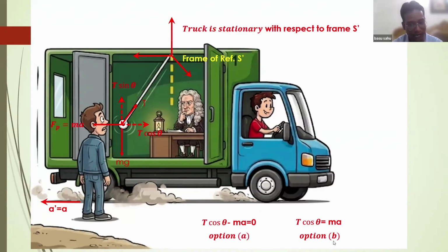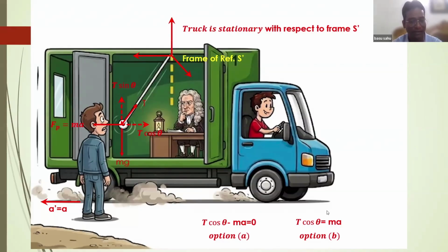Option B is not correct. What is option B saying? Option B is representing things in terms of the ground observer. What will the ground observer observe? Only the T cos theta component, and accordingly the ground observer will say, yes, this force is equal to mass times acceleration, what he is observing from the ground, and the acceleration of this bob with respect to the ground frame of reference is basically A. So this is the basic difference between these two equations in terms of physics.